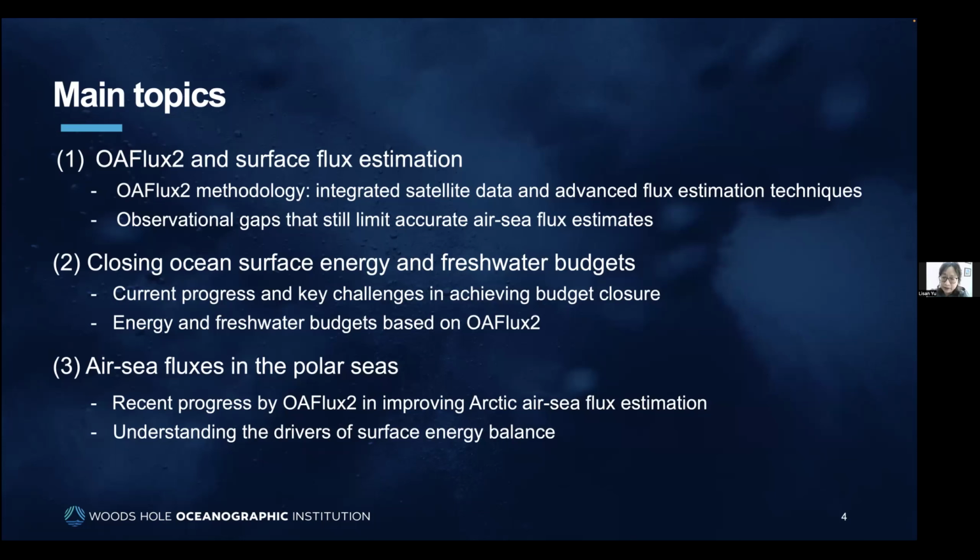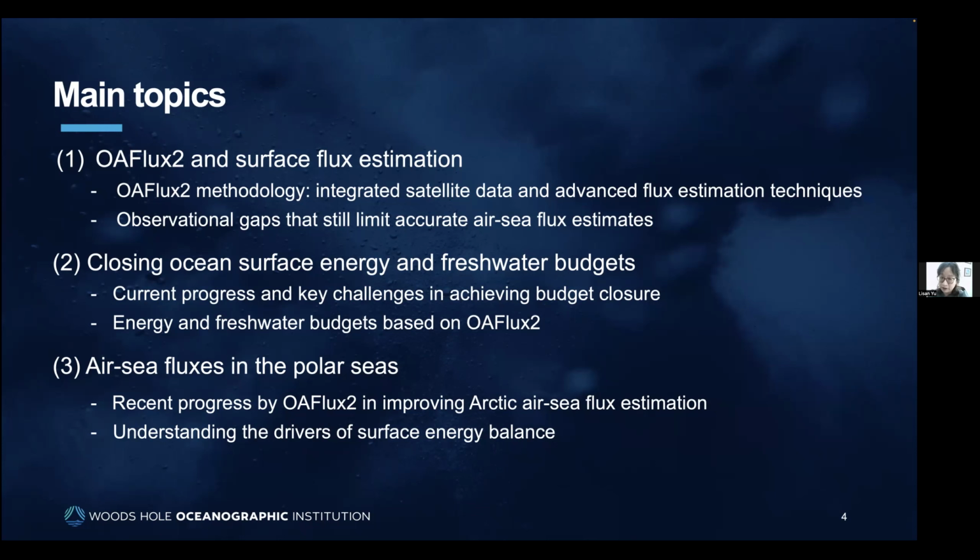So the main topic of today is around three lines. First, we're talking about the methodology in developing the fluxes, and also the observational gaps that still limit the accuracy of air-sea flux estimates. Second, once we have products, people most ask, how do we do in terms of closing the global surface energy and freshwater budget?